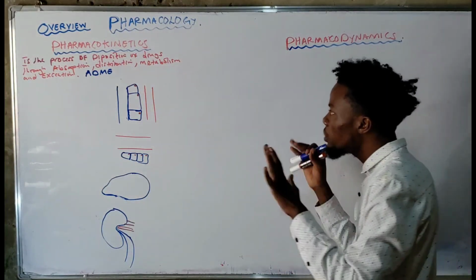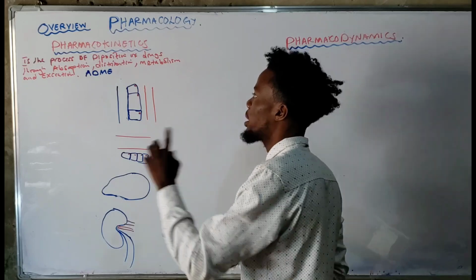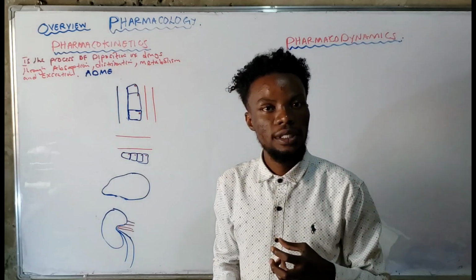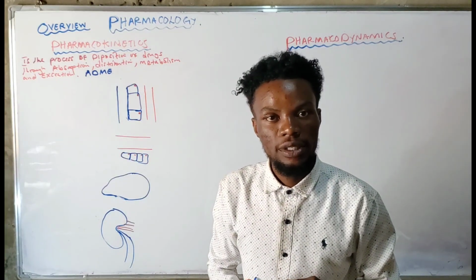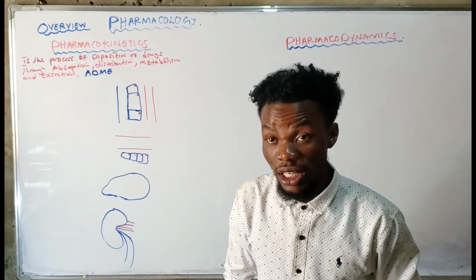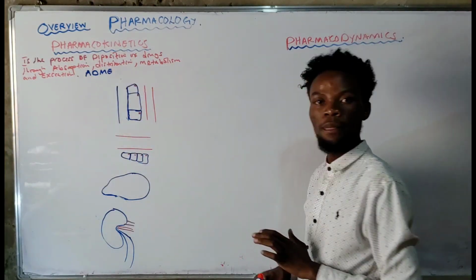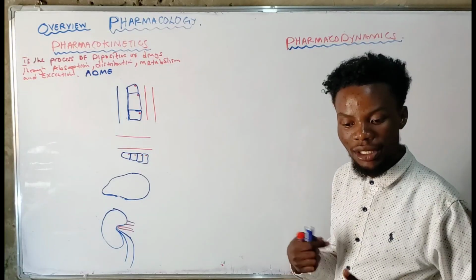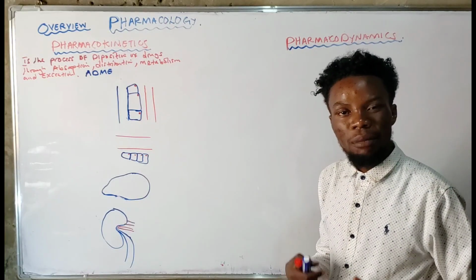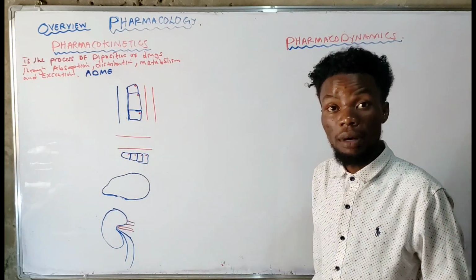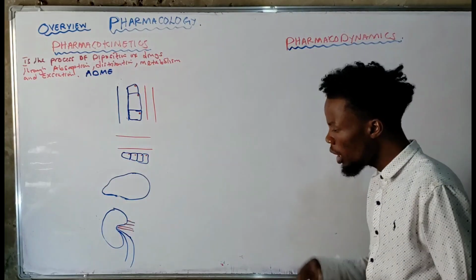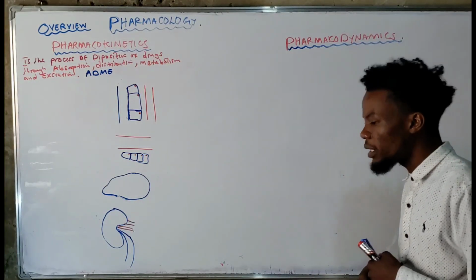First of all, we have understood that pharmacokinetics involves absorption, distribution, metabolism, and excretion, and if you want to remember, you can use ADME, the mnemonic for all the processes that happen under pharmacokinetics.